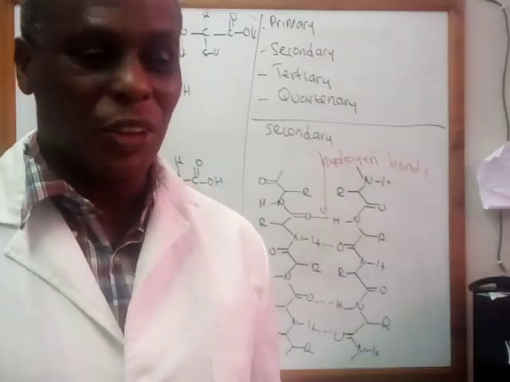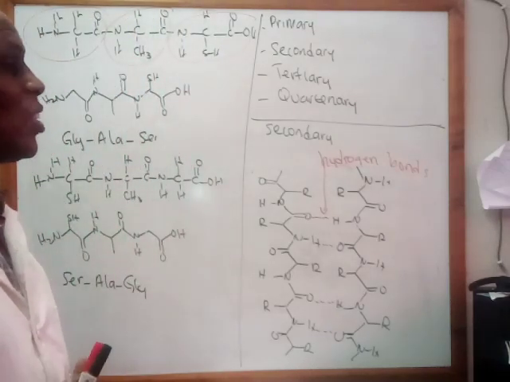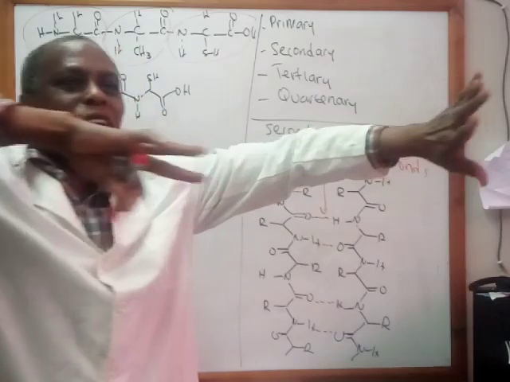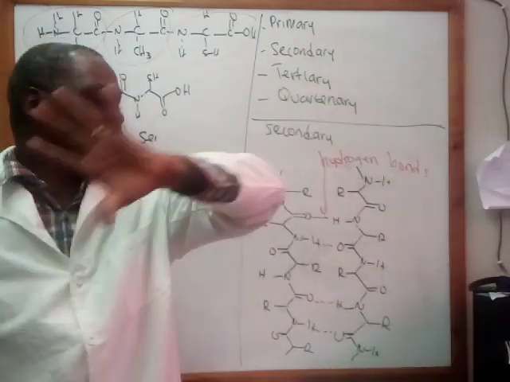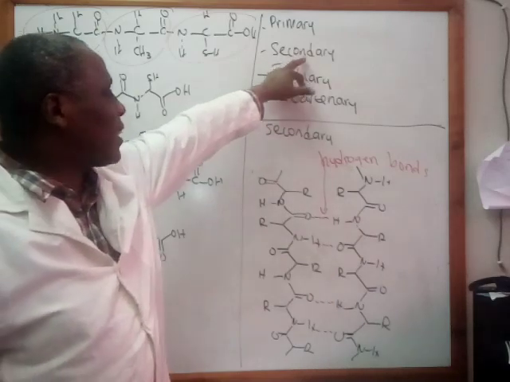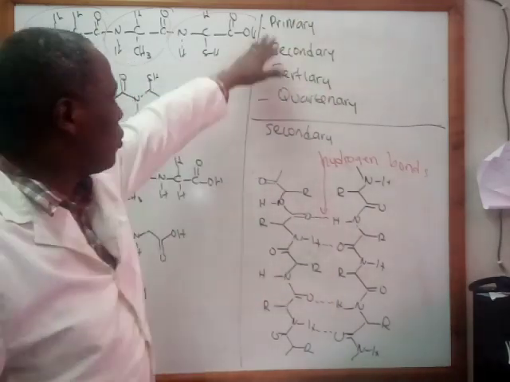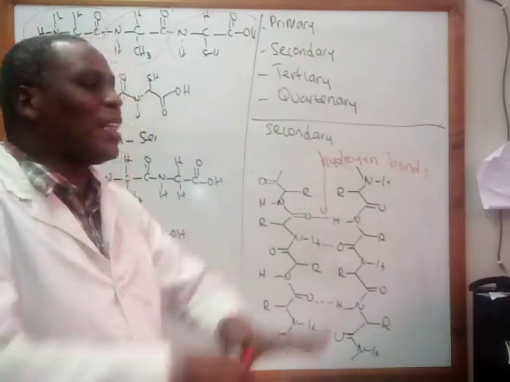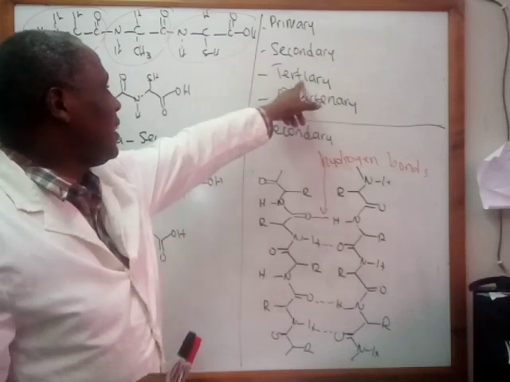So I want you to see the relationship here. The overall chain of the amino acids that are joined contains intermolecular forces plus the primary bonds of the peptide bonds. The overall structure is so complex to really show.